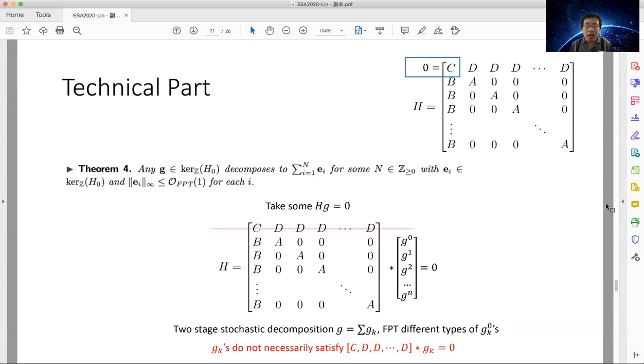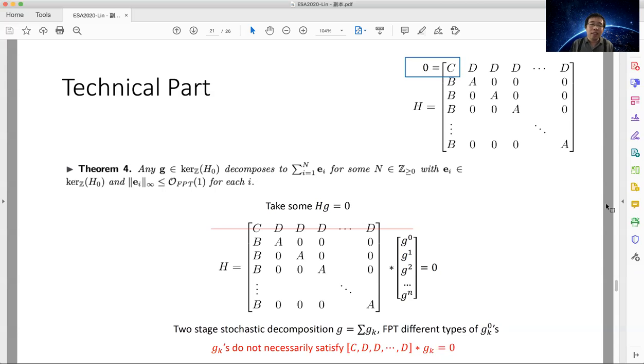The logic is that we want to show that if G is fat, if G has unbounded infinity norm, then we should be able to take out a part of G such that the remaining part still lies in the kernel. By iteratively repeating that, we will be able to derive a thin decomposition.